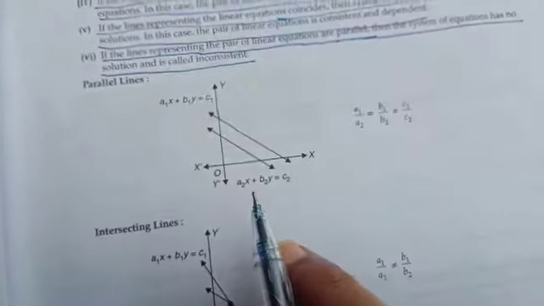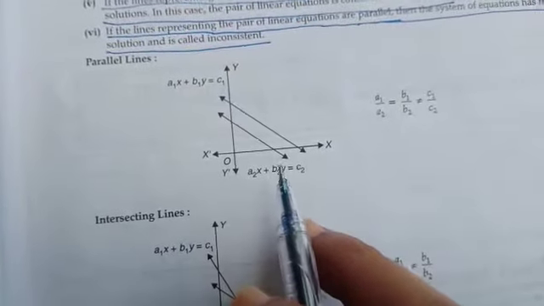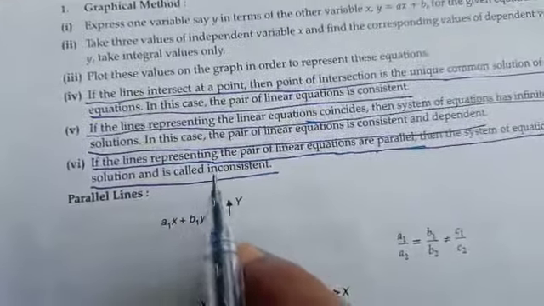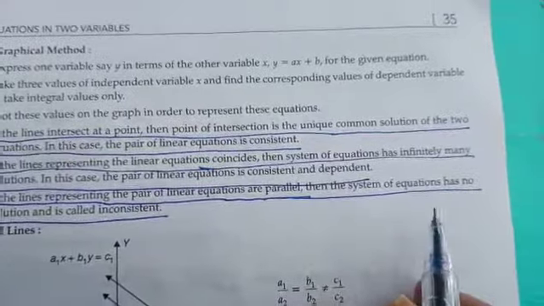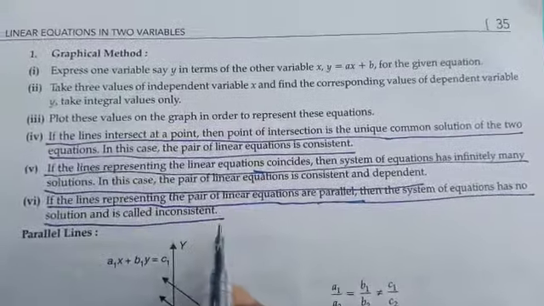If we are plotting the two equations and we get parallel lines, then the system of equations has no solution and is called inconsistent.